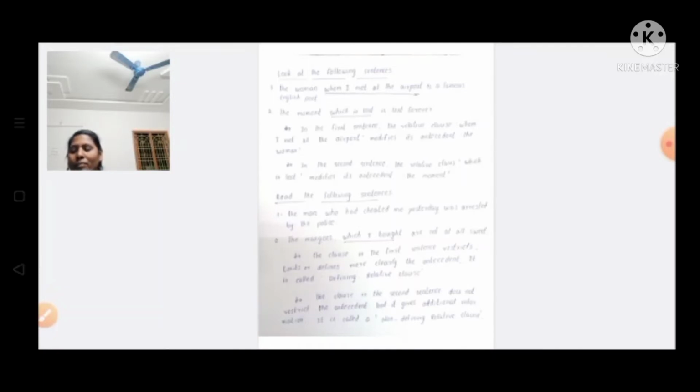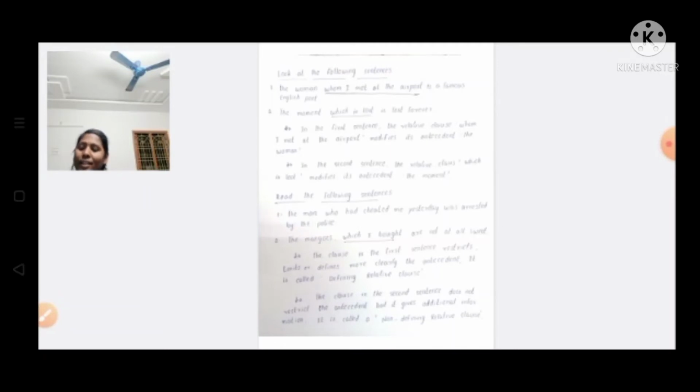The second one, the mangoes which I brought are not at all sweet. The clause in the first sentence restricts, limits or defines with more clarity the antecedent. It is called a defining relative clause.